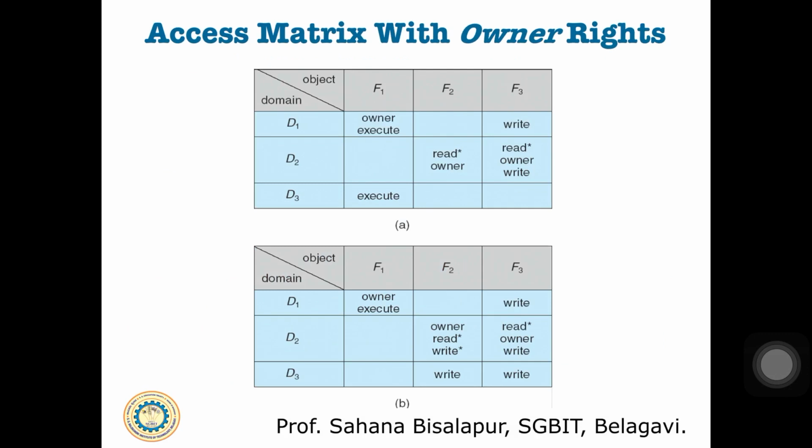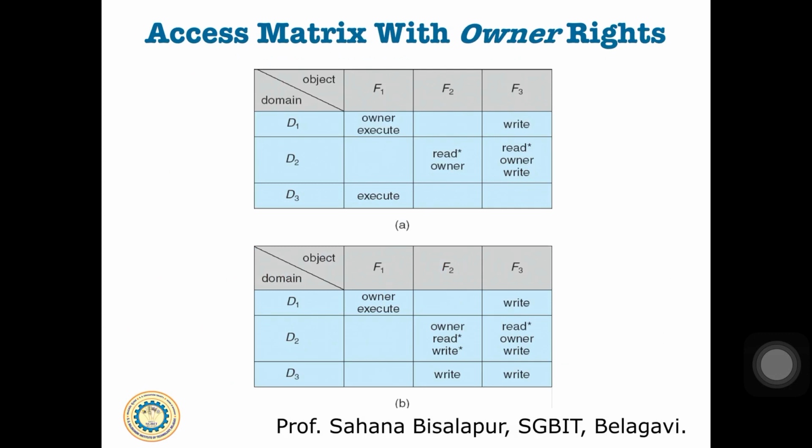The example we'll consider is in figure A. Domain D1 is owner of F1. You can see we have written the access rights as owner and also execute. So D1 is the owner of F1, and thus D1 can add and delete any valid right in column F1, that is, for that particular file.